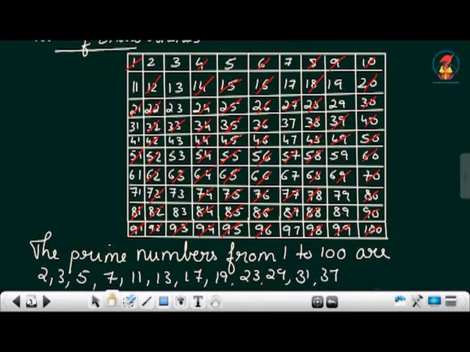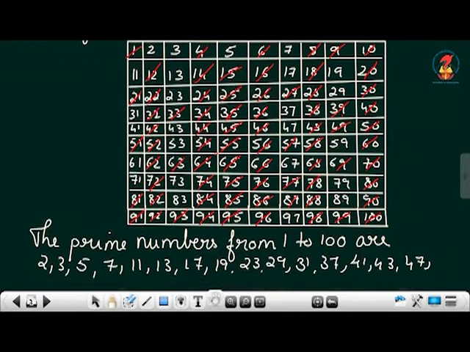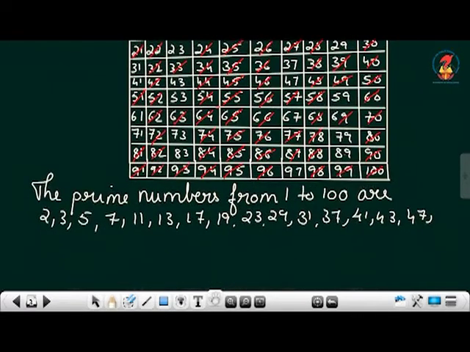Then next line 41, 43, 47 is there. Okay. Then coming to next line 53 and 59 is there. Then 61, 67 is there.